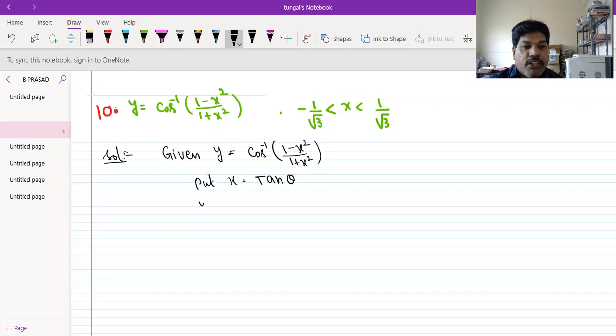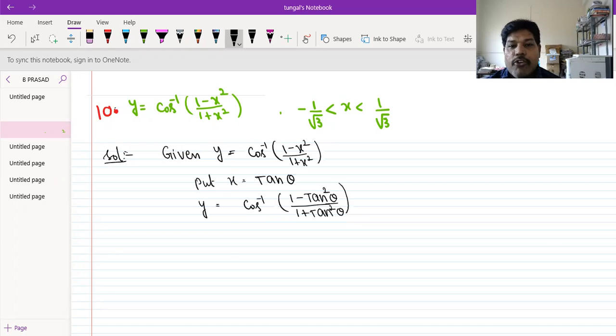So therefore y is equal to cos inverse of 1 minus x square, where x is tan theta, so x square becomes tan square theta, by 1 plus tan square theta.